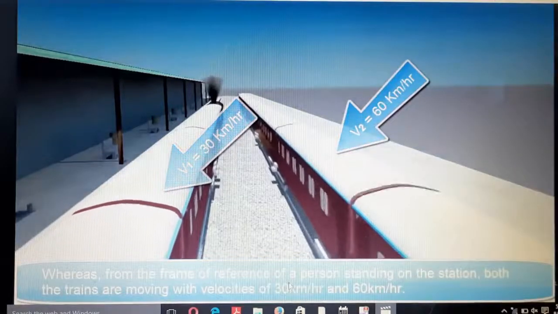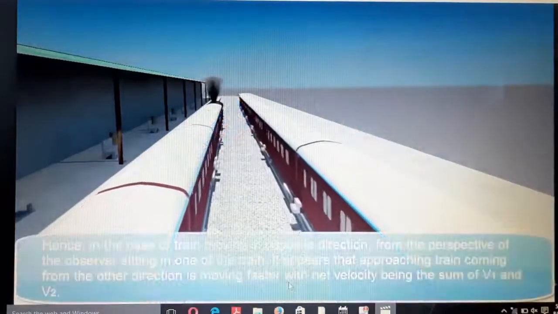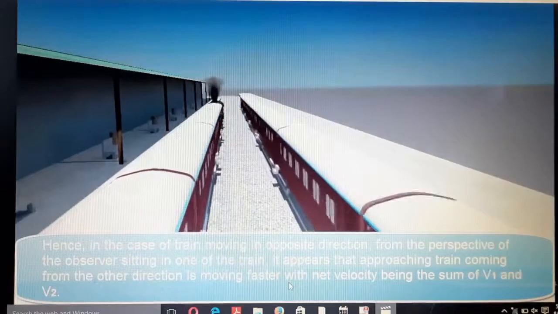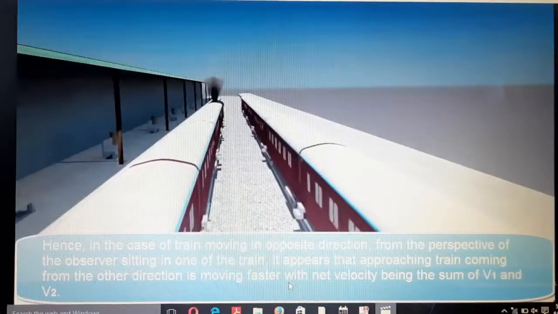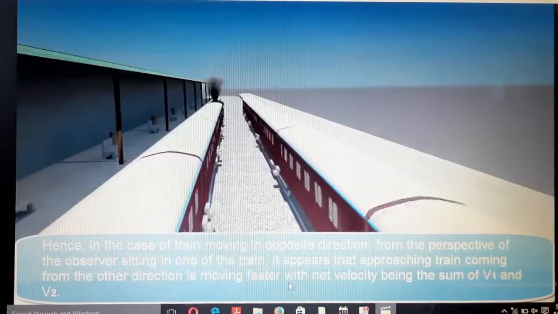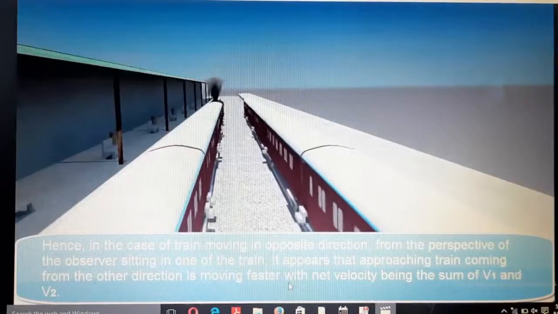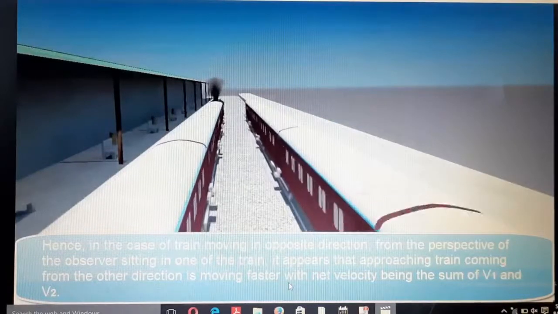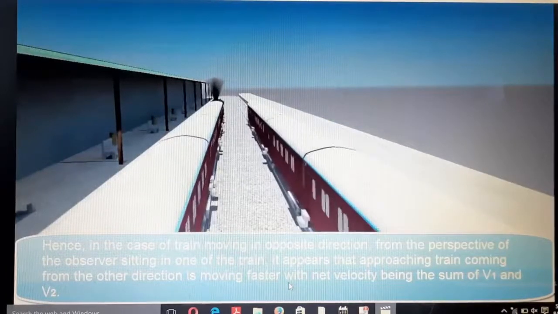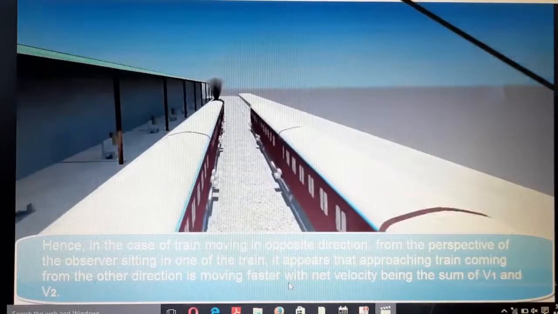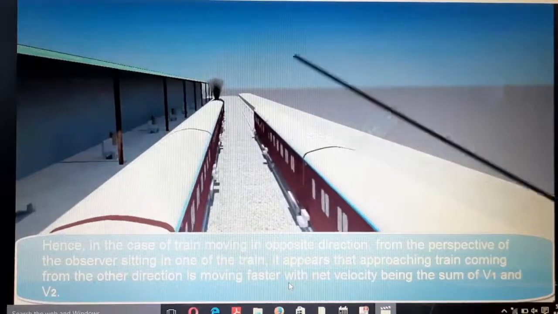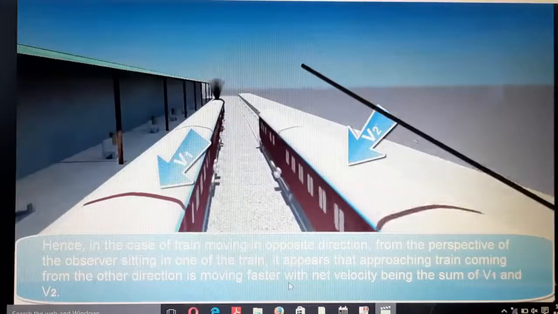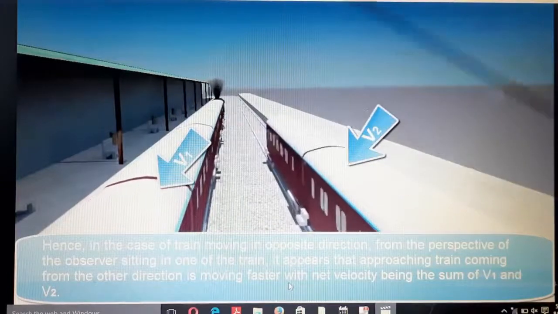Suppose both trains move in the same direction and the speed of both trains is the same. So one person, he sees the train. So the trains are steady. Look here.